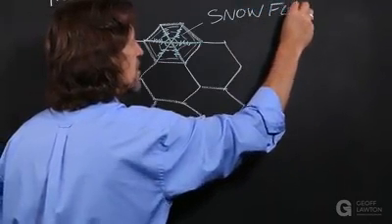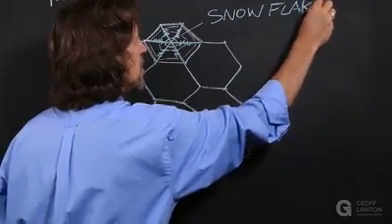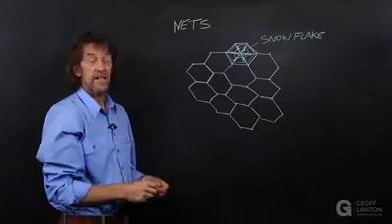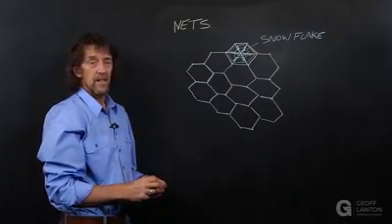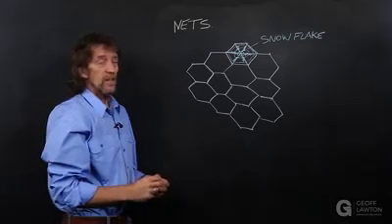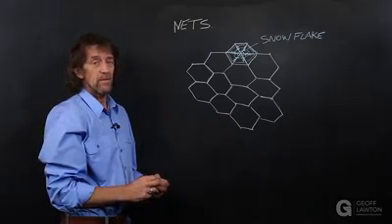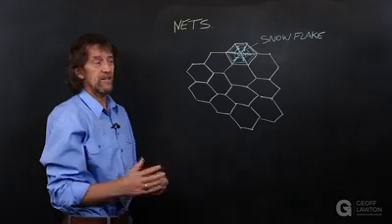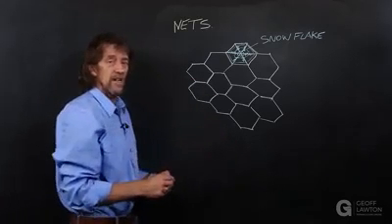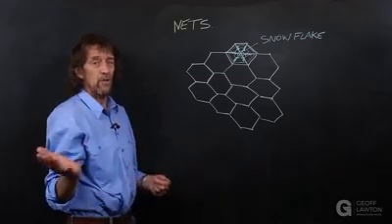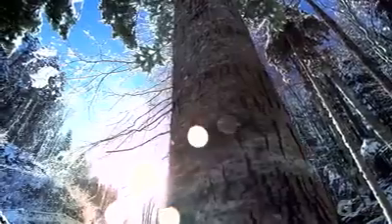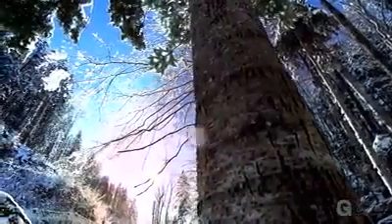Water freezes in a six-sided pattern. So all snowflakes are six-sided stars, six-pointed stars. And there are no two snowflakes the same. All the snowflakes that are falling now, all the snowflakes that have fallen in history, and all the snowflakes that will fall in the future are a different six-pointed star. That's an infinite number of snowflakes.